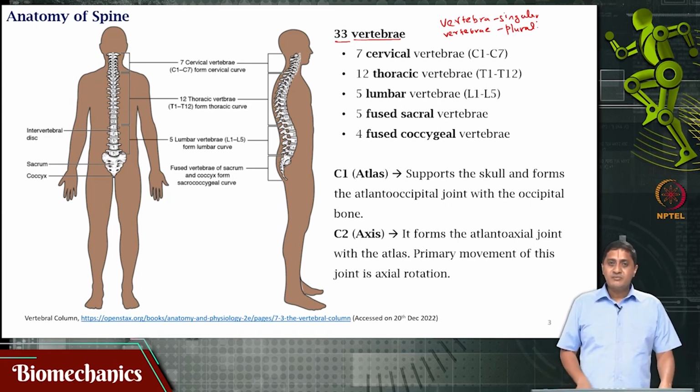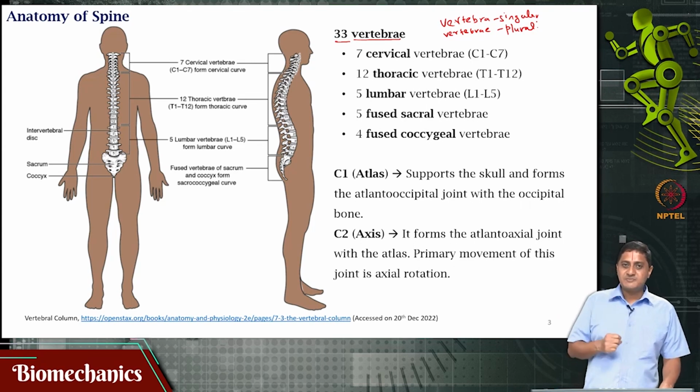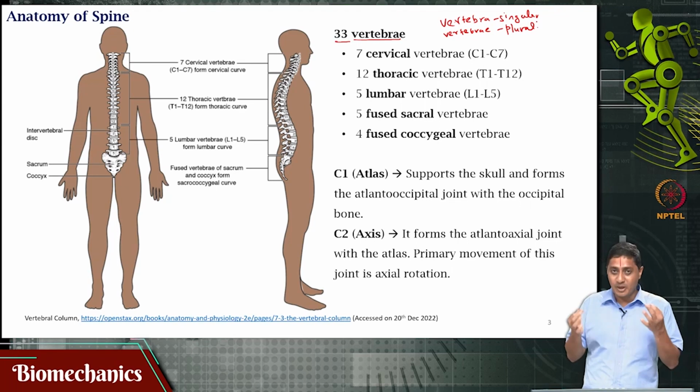Okay, so coming back, there are two major purposes of the vertebral column. One is to provide support, essentially to hold the weight of the head and the neck. Why is this important, especially in humans? Remember, we said at the beginning of this course, this is a course on human biomechanics.